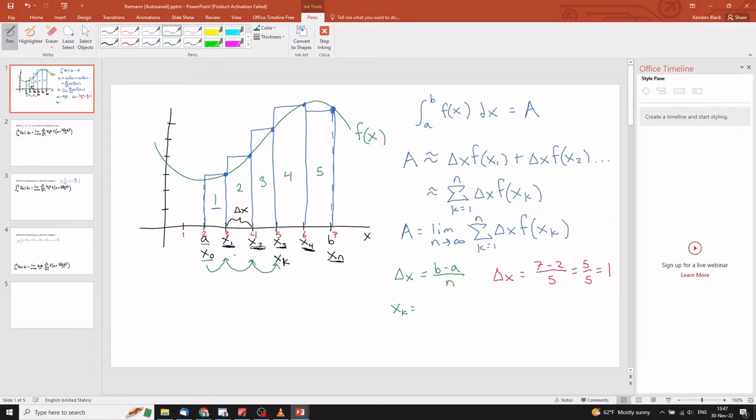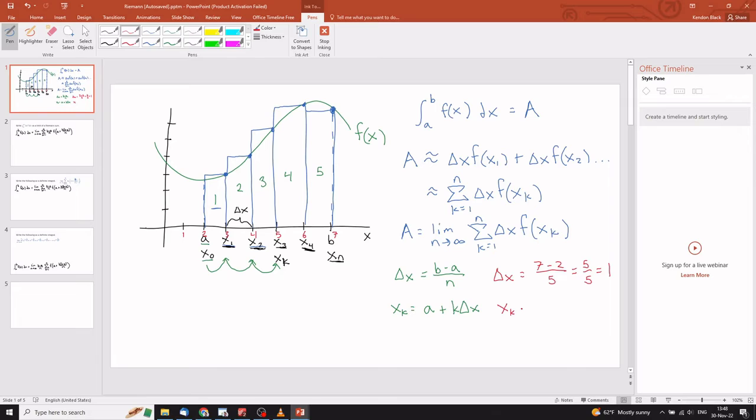Okay, and how many times do we go up by 1 delta x? K times. So x sub k, we're going to start at a, and then we're going to add a bunch of delta x's. How many delta x's are we going to add? K delta x's. Okay, so let's take a look at the way I've drawn it in the diagram and see if it works for our example.